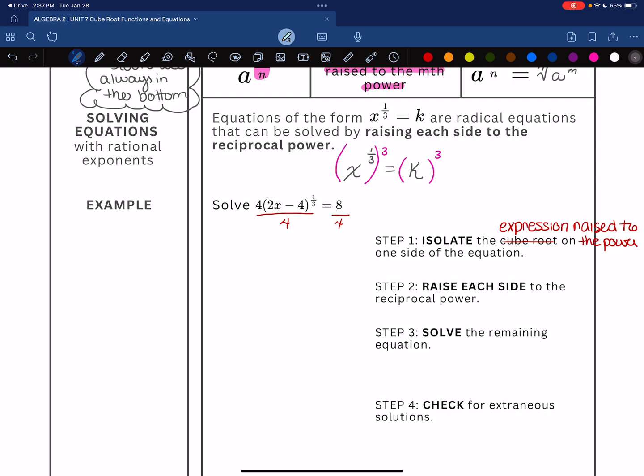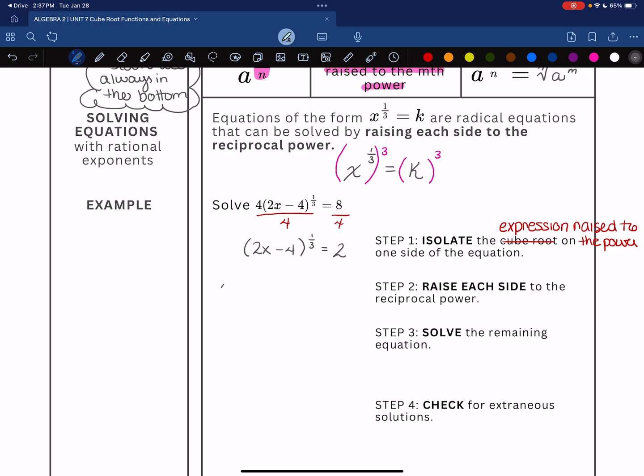And that's going to give us this equation. Then step number 2, we're going to raise each side to the reciprocal power.